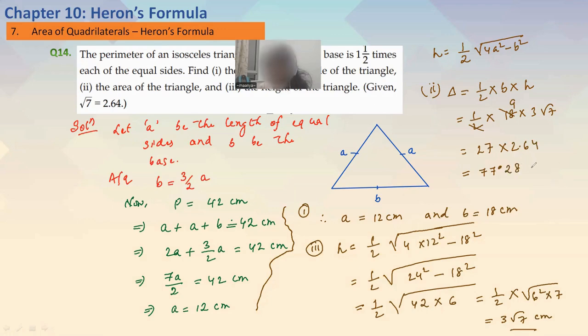I did it correctly. Please get it done correctly. Sir, I wrote correctly and then I thought I did it wrong. Is it 71.28? Yes, sir, calculated. 71.28 centimeters square. Fantastic. We're done with this.